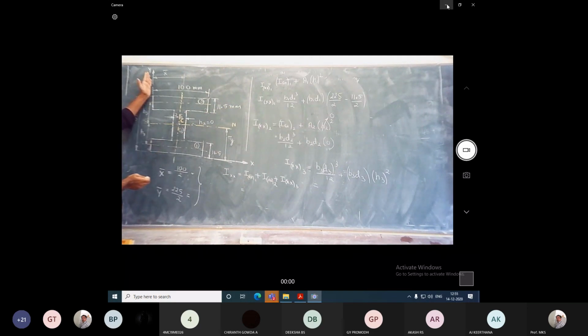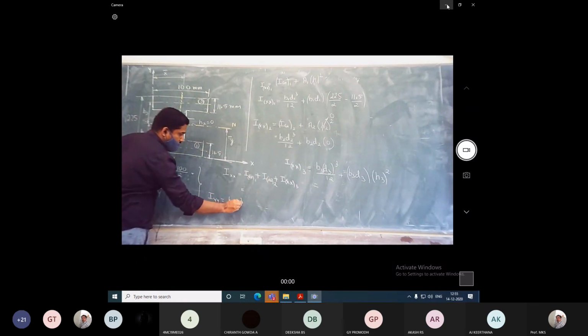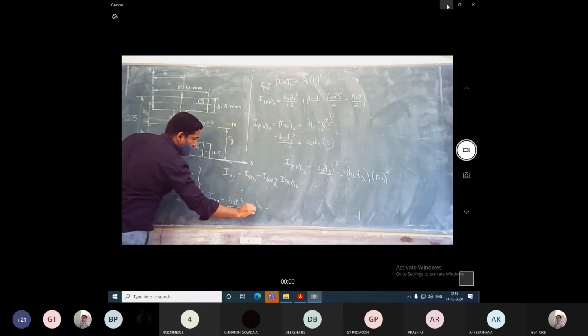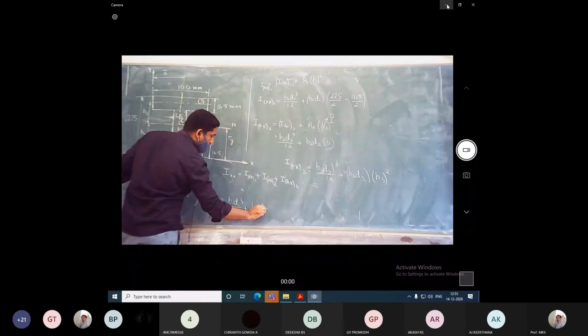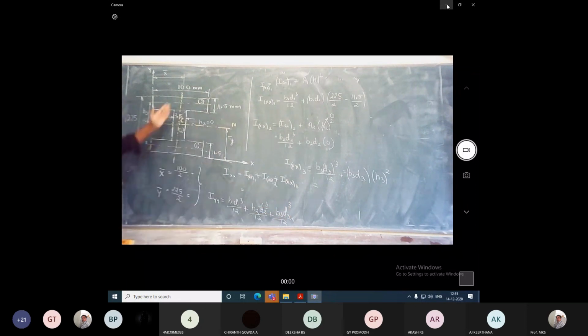Since all the y-axes of these sections coincide, the moment of inertia for the y-axis will be b1 d1 cube by 12 plus b2 d2 cube by 12 plus b3 d3 cube by 12. All the sections' centroids are on the same line, so it is a general expression for the y-axis.